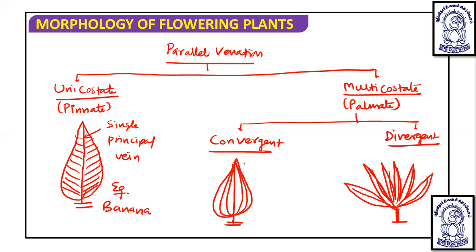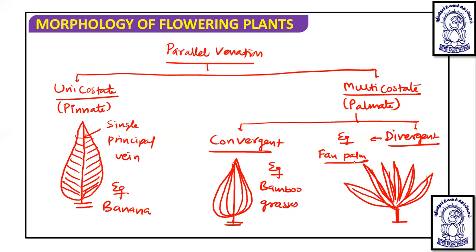If we talk about convergent, the examples are bamboo and grasses. But if we talk about an example of divergent, then that is fan palm. And this you should remember. Okay, so this is parallel venation.